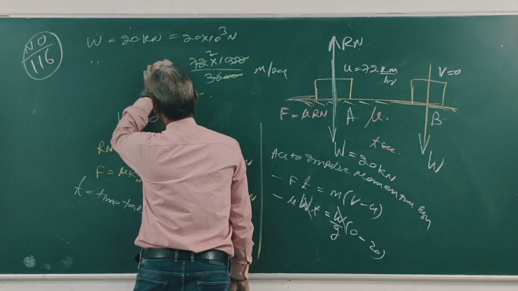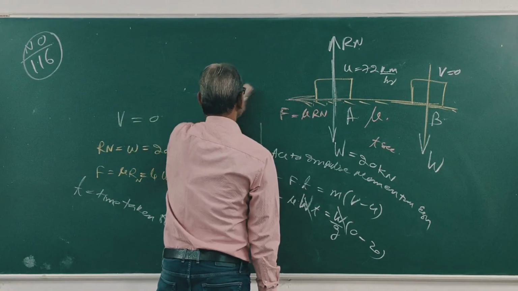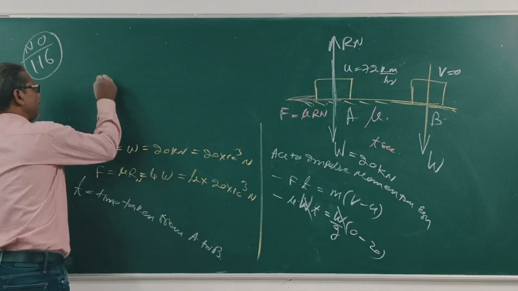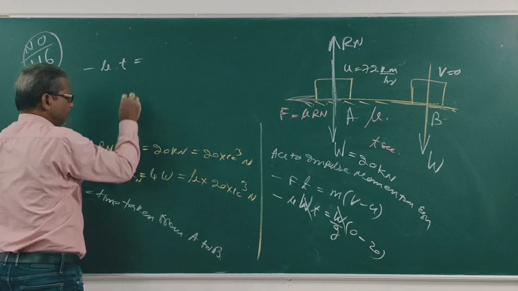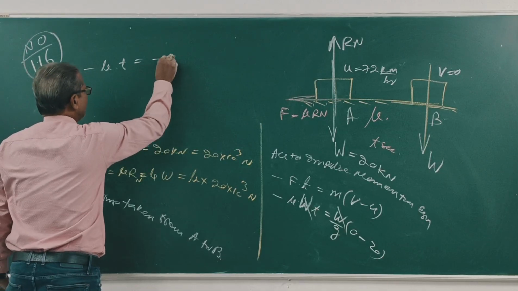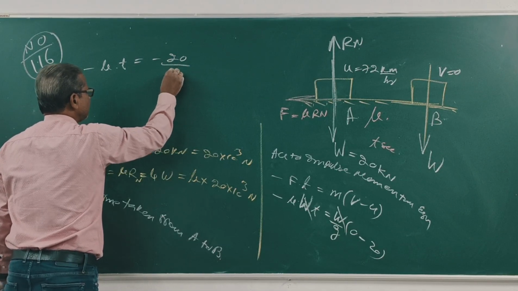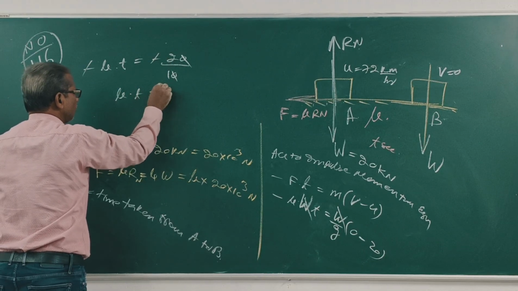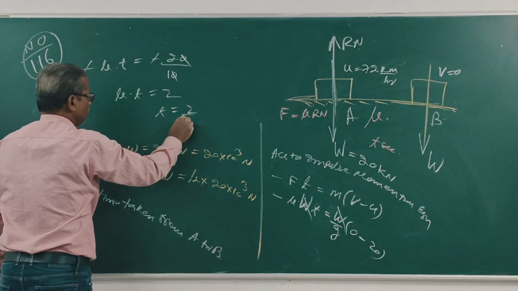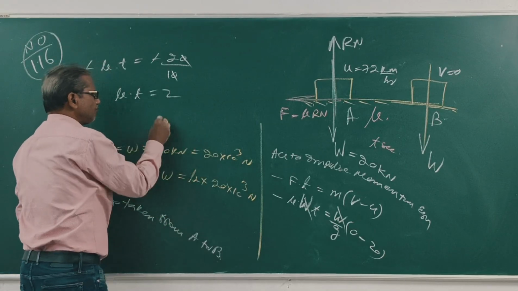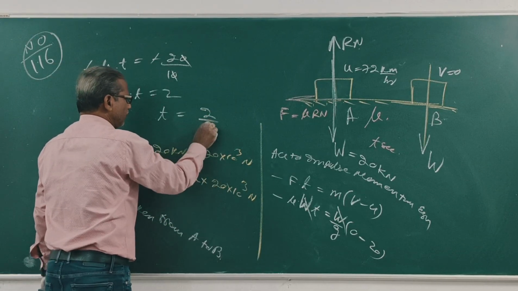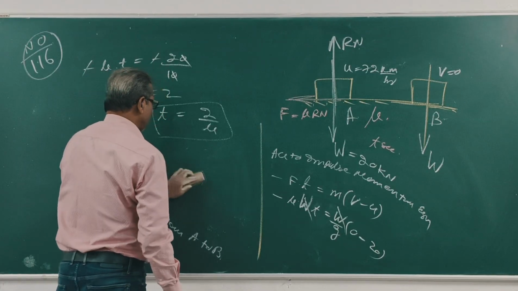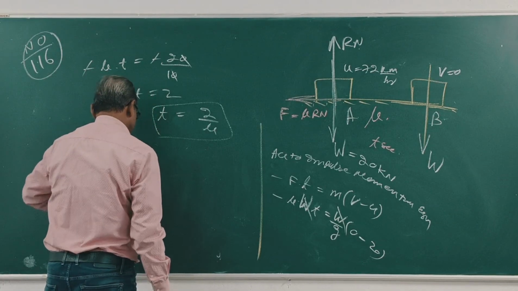Now minus mu into T is equal to minus 20 by G. G means 10. Minus cancels out. So mu into T is equal to 2. T is equal to 2 by mu. This is the answer for T. Now put the value of mu for the different surfaces.